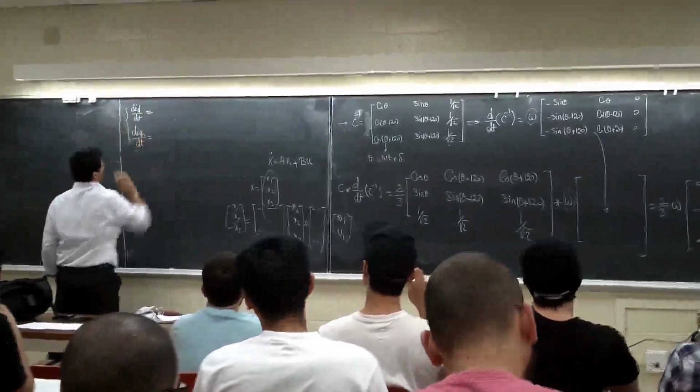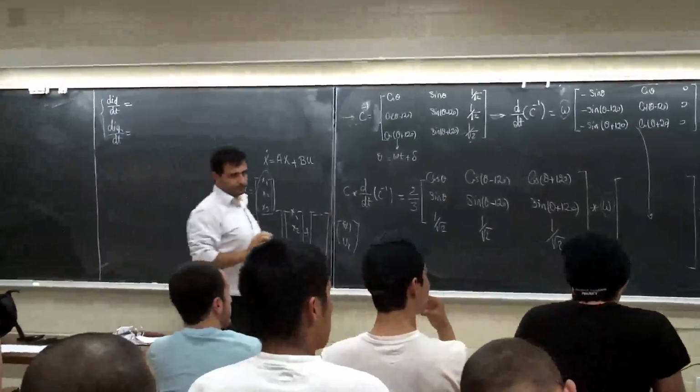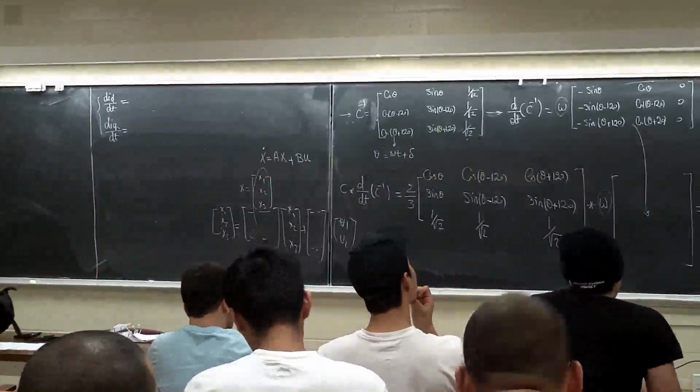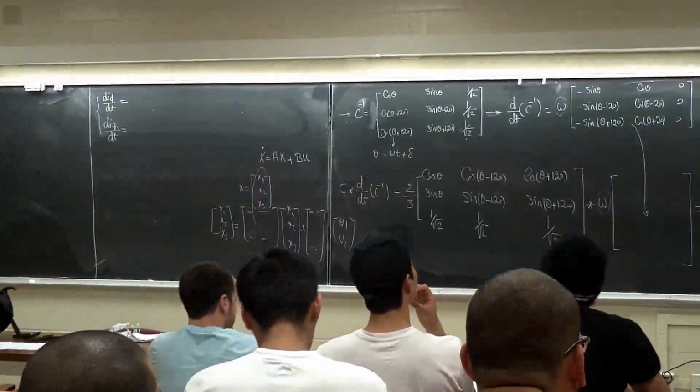Somebody tell me what's dID over dt? The rest is going to go here, right?